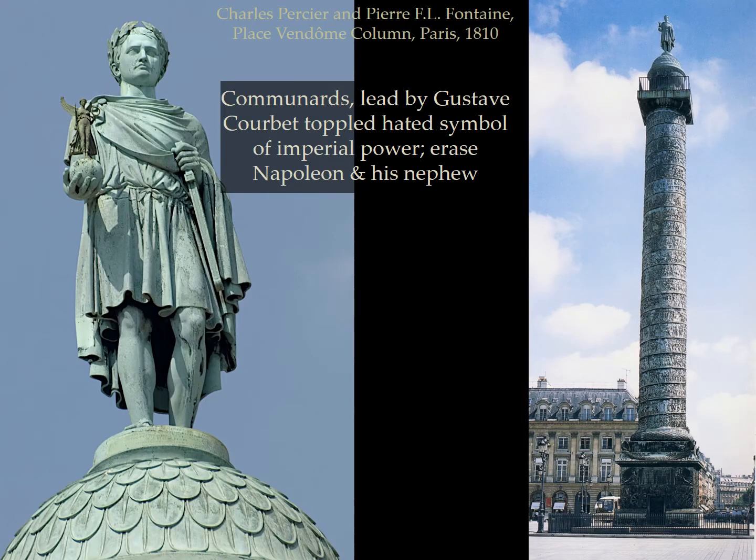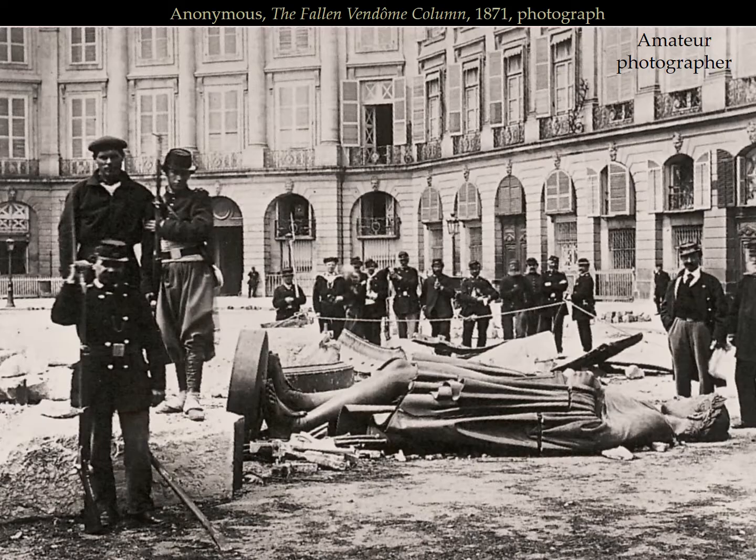The communards, or those that were defending the city, led by Gustave Courbet no less, were, in the meantime, before they were overthrown, toppling hated symbols of imperial power. Thus, they wanted to erase the memory of Napoleon and his nephew Napoleon III. So they're going to push down the Vendôme column for starters.